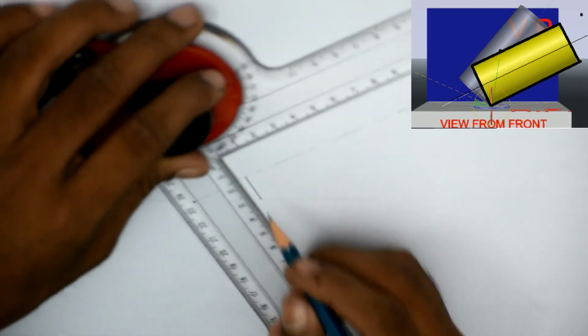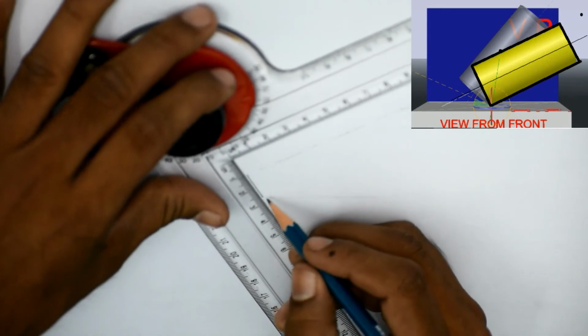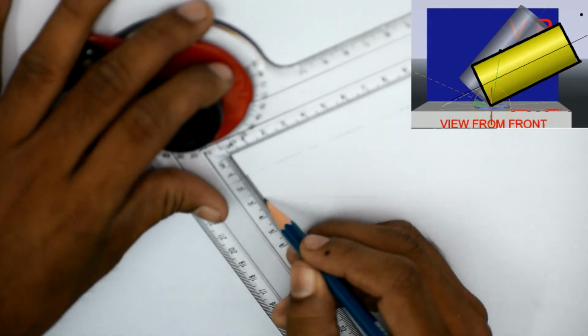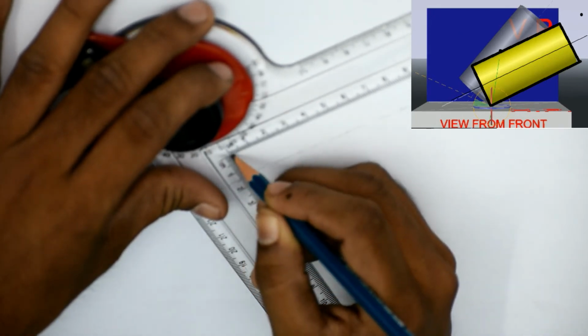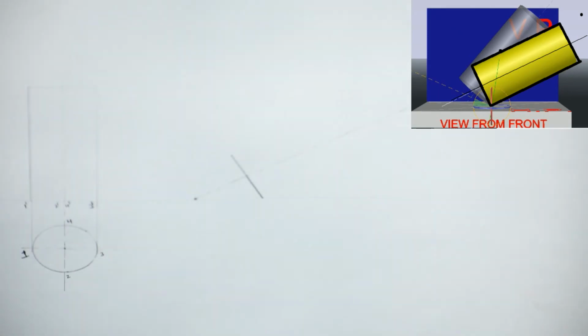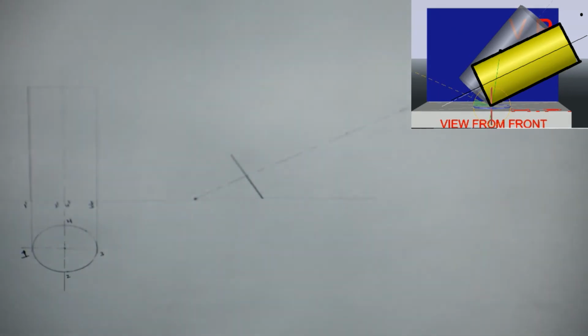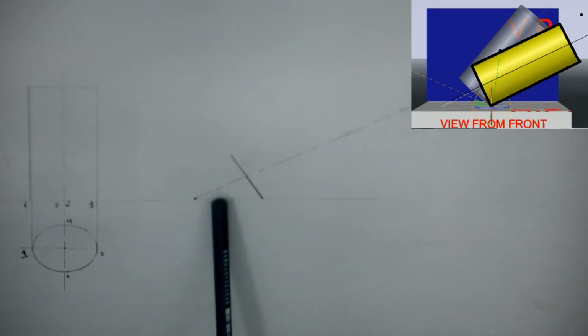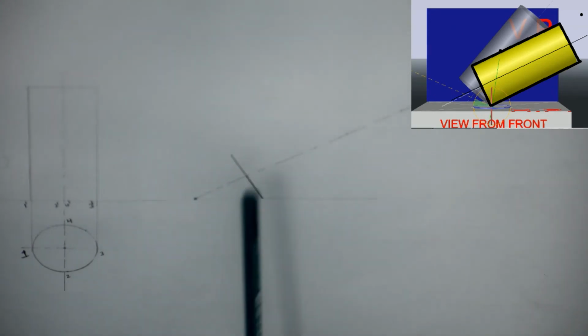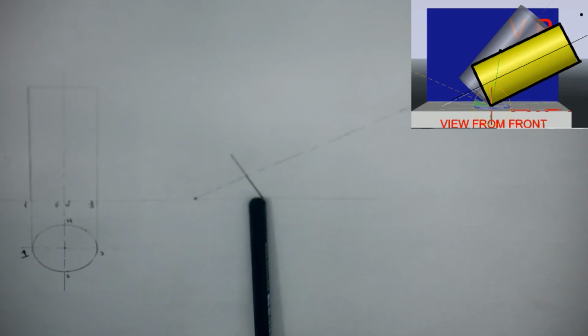As this is 15, this total is 30. This is the most important part of this question, because as this axis is inclined, now this portion is inclined. If you get this line, the rest of the diagram is very easy.